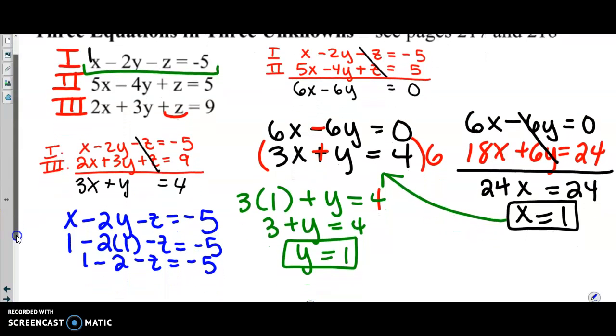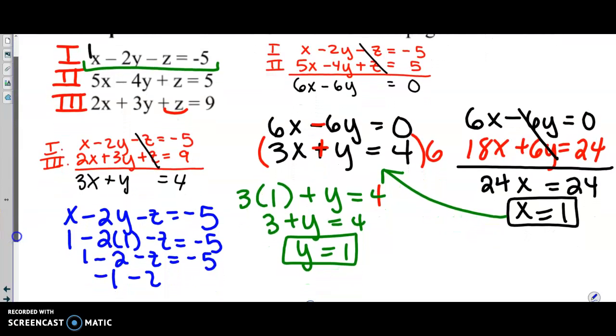We're running out of room. Negative 1 minus z equals negative 5. I'll move the 5 over here. Negative 1 plus 5, so 4 equals z. Or z equals 4. Before we finish, we need to check that math.